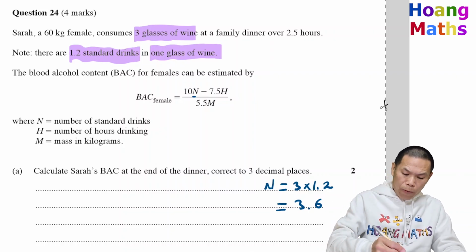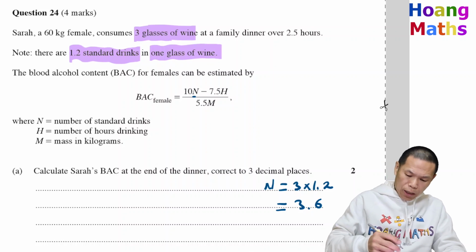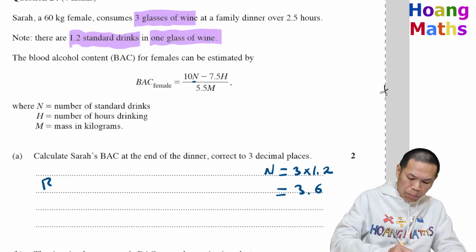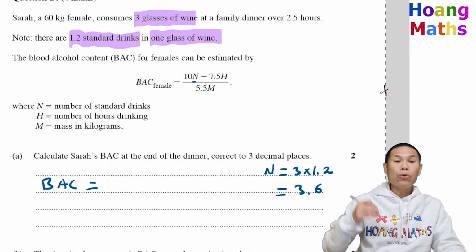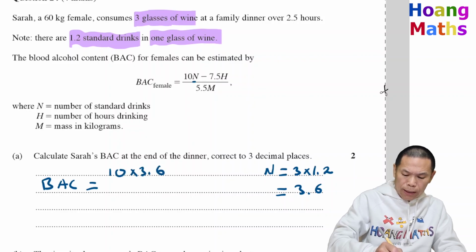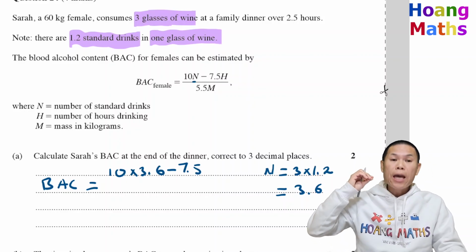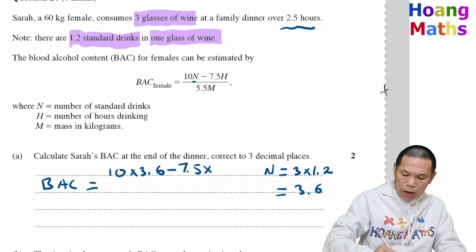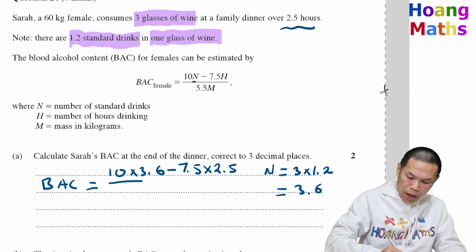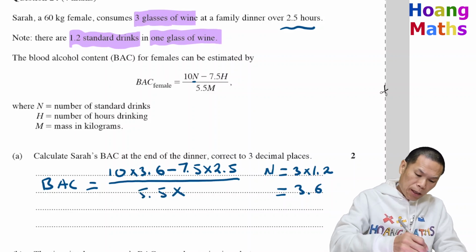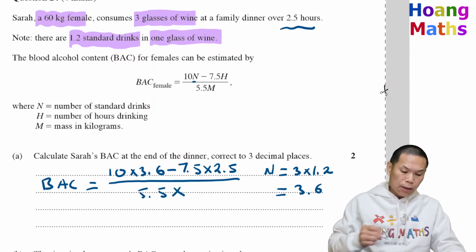Now, we need to work out the blood alcohol content. So let me just substitute into the equation. BAC is equal to 10 times N, that is 10 times 3.6, minus 7.5 times H. H is the hours or time, so 2.5 hours, over 5.5 times M. M is the mass, so that is 60.